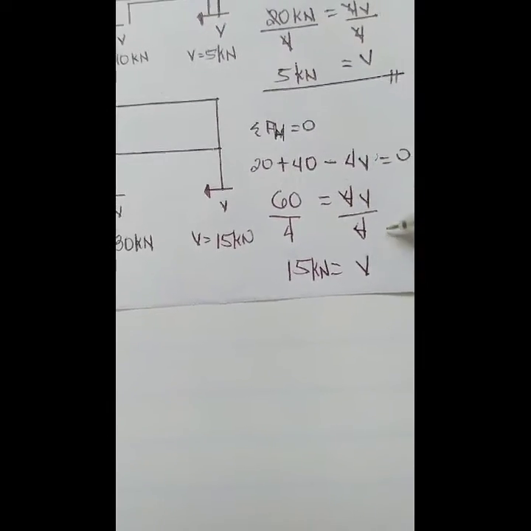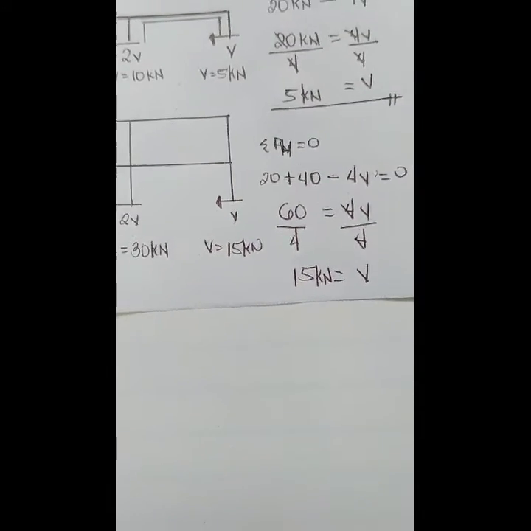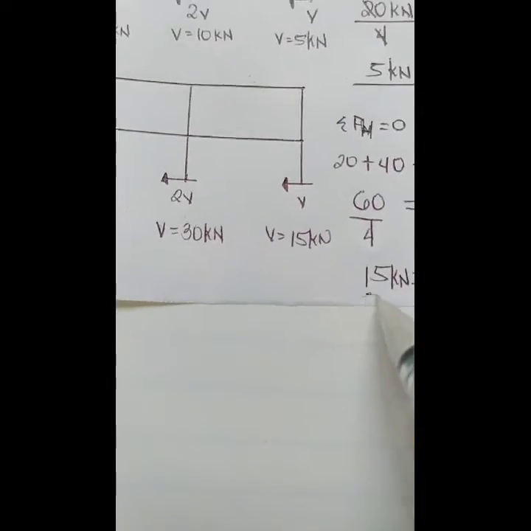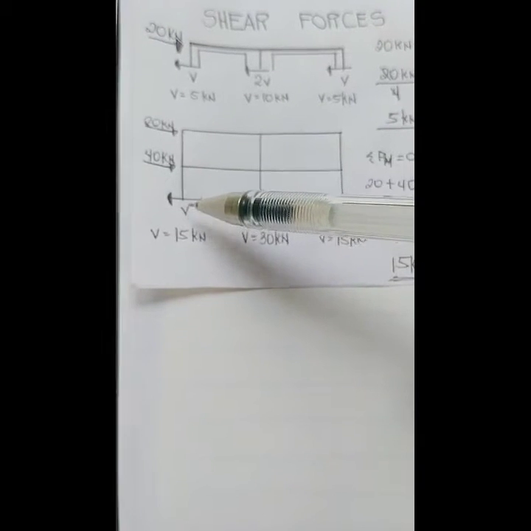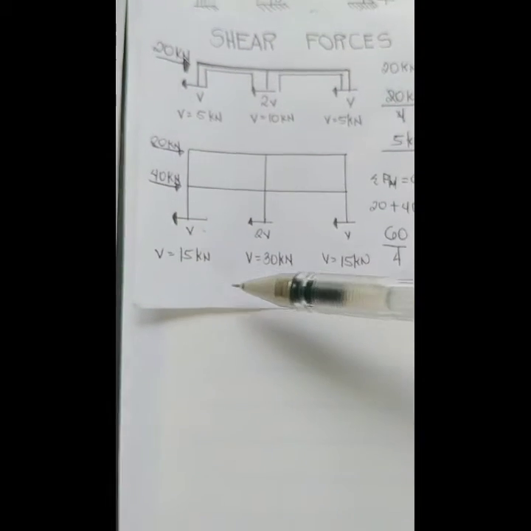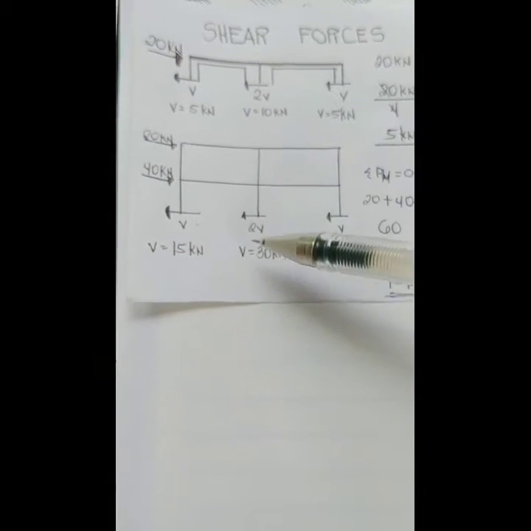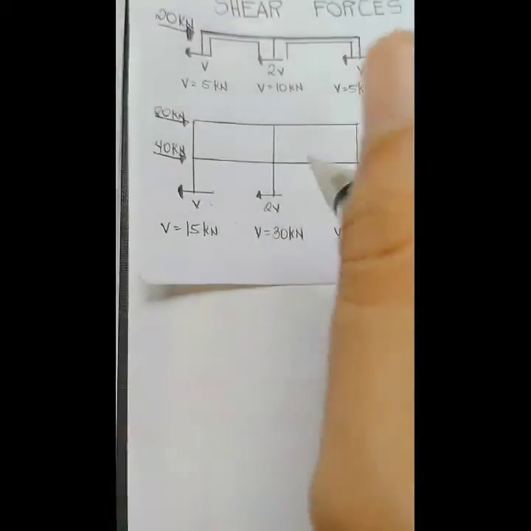I-divide natin siya sa 4 para makuha natin ang value ng shear force, which is, pag kinalculate natin, is 15 kN. So, dito sa exterior column, dalawa, 15 kN yung ating value ng shear force. And dito sa interior column, ang value na makukuha natin is 30 kN.